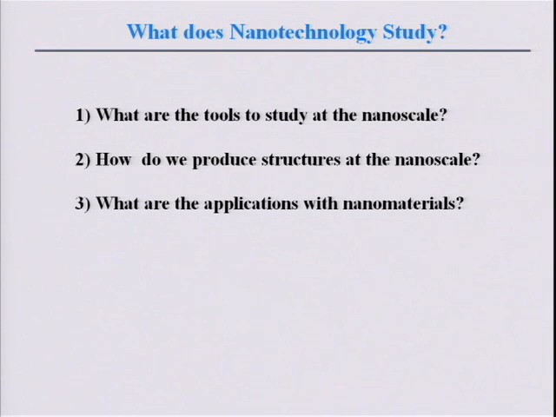And the second area is to produce structures at the nanometer scale. You can use photolithography to pattern computer chips down to 30 nanometer scale, but that is not enough for nanotechnology. So what are the new applications, given you can produce these nanostructures?